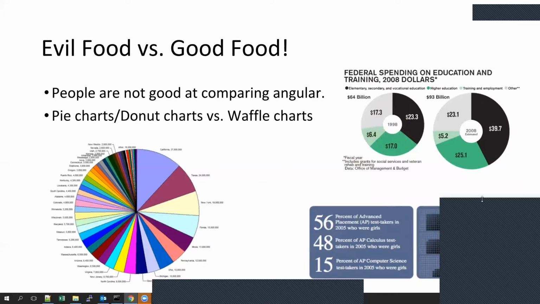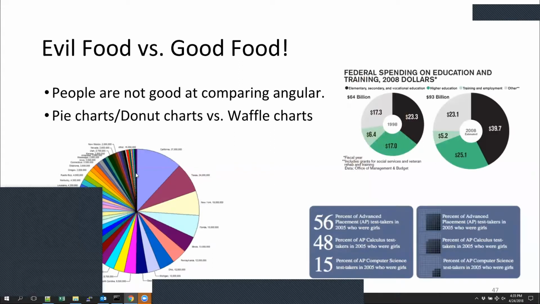I understand that it's getting a little bit closer to dinner time here, so we're going to be talking about food for a moment, but for the most part, things like pie charts, which we've seen before, and donut charts are actually poor representations of spatial relationships. If you want to show percentages, you actually want to use something called a waffle chart, pictured here on the right-hand side, where you have 100 squares and you fill in the squares.